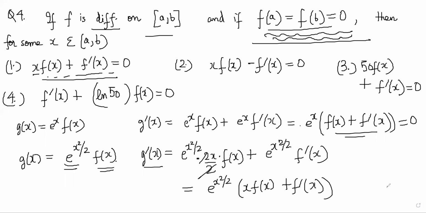So g dash x must be 0, so this part must be 0. That is the first option. If you choose e power x square by 2 f of x instead of e power x f of x, then differentiation of x square by 2 will give me an x. So that is the choice for the first one.